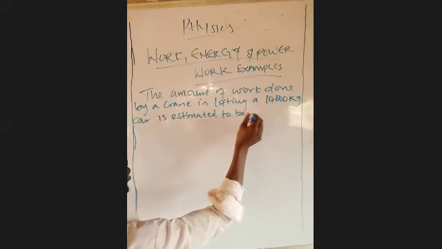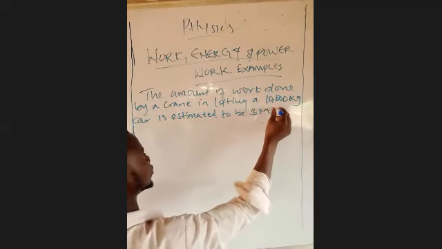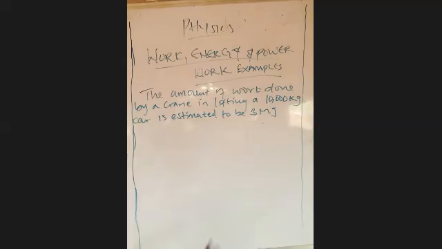So the work done by a crane in lifting a 10,000 kilogram car is estimated to be 3 millijoule. To what height is the car lifted?